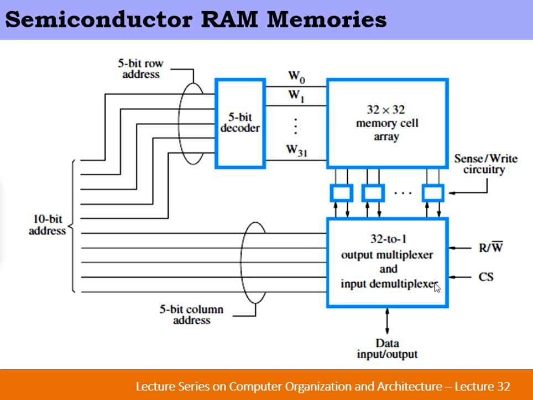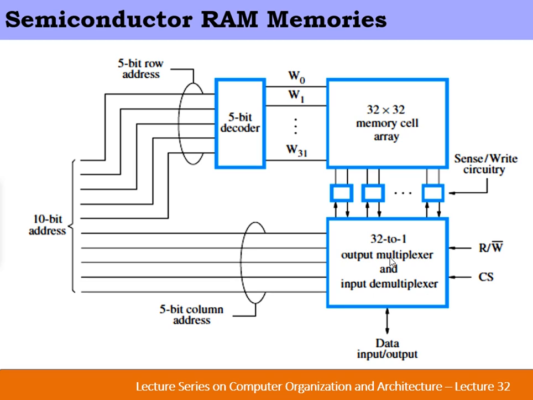Now whenever we want to read the information, whenever we want to extract the information, we will be using the multiplexer. Whenever we want to store the information, we will be using the demultiplexer. Hence the words output multiplexer and input demultiplexer.